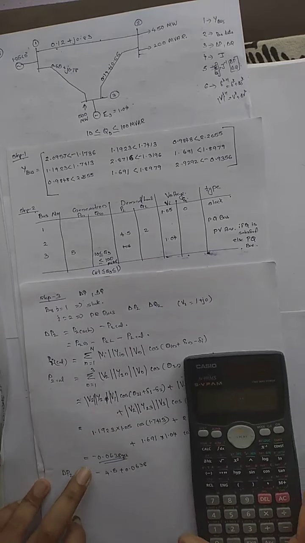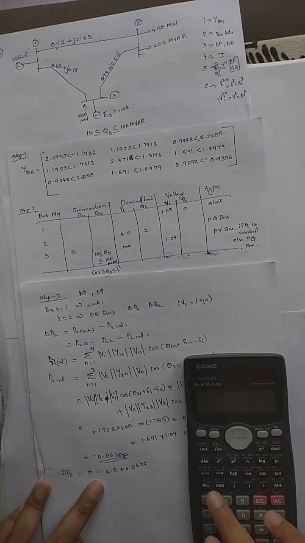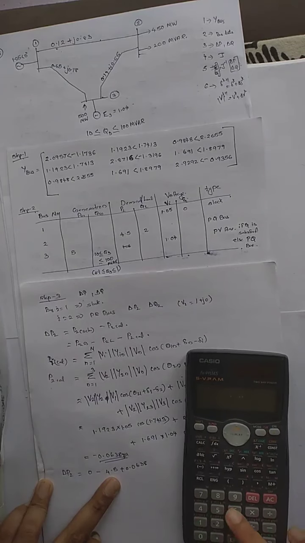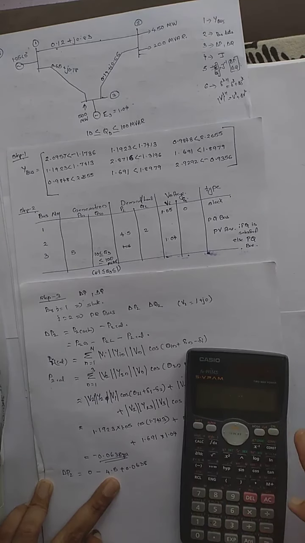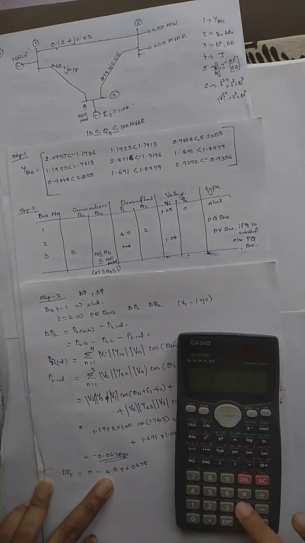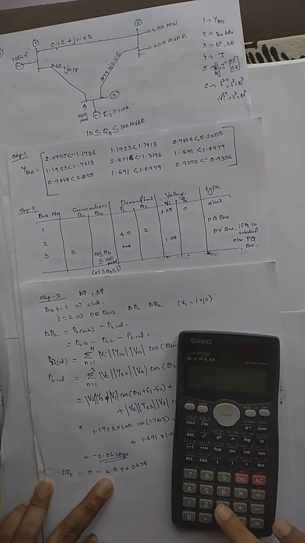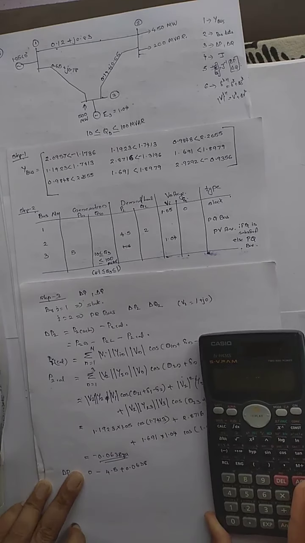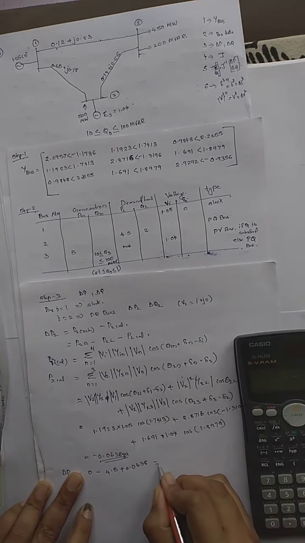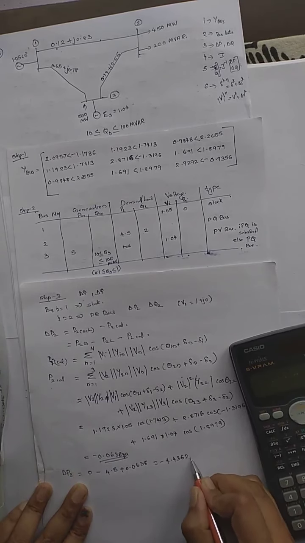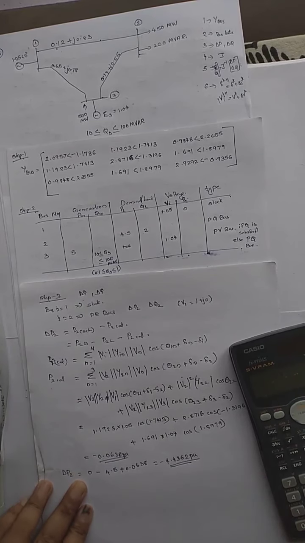So the value will be minus 4.5 plus 0.0638, that value will be equal to minus 4.4362. So minus 4.4362 is my delta P2 value.